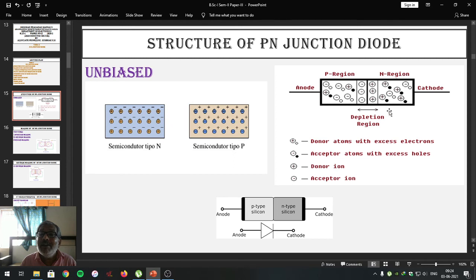Both are separated by the depletion region, having positive ions in the N region, negative ions in the P region, which are formed due to the process of diffusion, having the junction at the center. That is the reason why it is called the PN junction diode. Dear students, this is the structure of the PN junction diode.